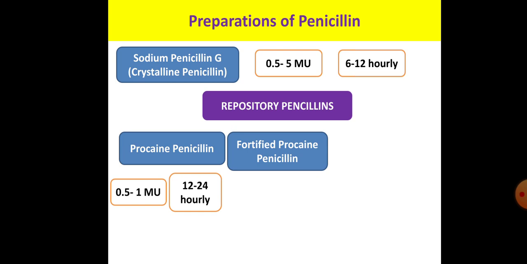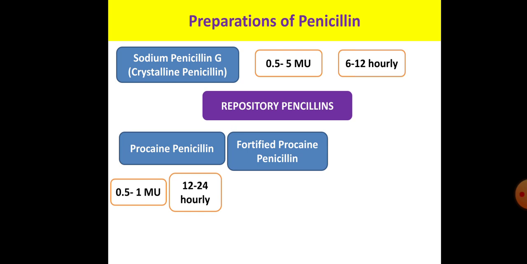Okay, but another preparation is fortified procaine penicillin. Why has this been prepared? Because once you are adding the impurity, the release of the penicillin gradually decreases, and that's why you will not get the immediate release. So it is not helpful for immediate action.